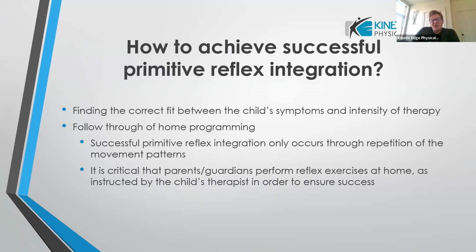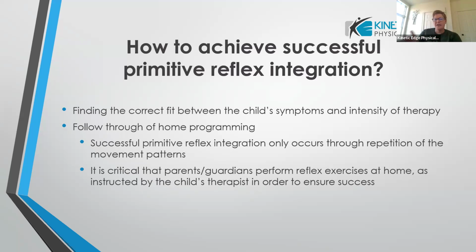And so how do we achieve this successful primitive reflex integration? It's really important to find a good fit with your child's symptoms and with how intense the therapy should be. Like I said before, when we're testing reflexes, we also look to make sure there's a correlation between what the parents and family are noticing at home.